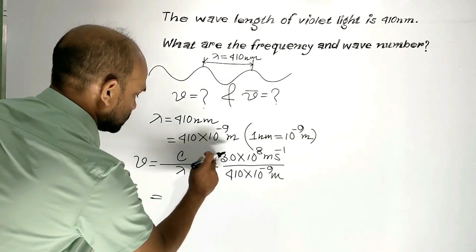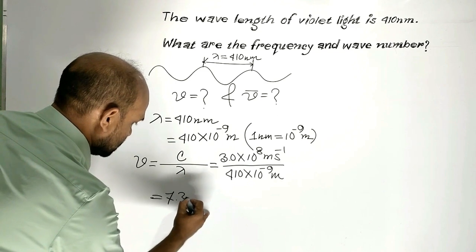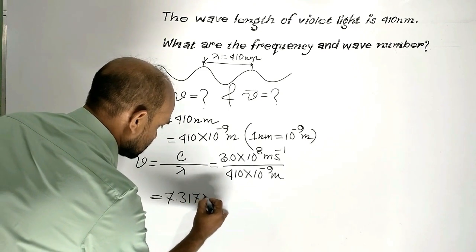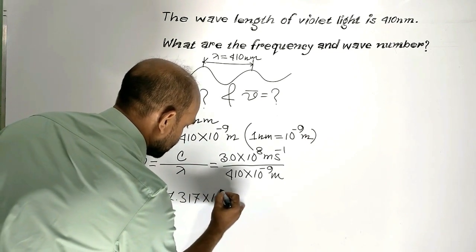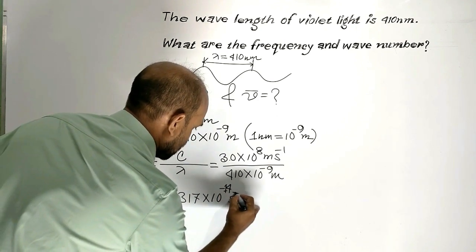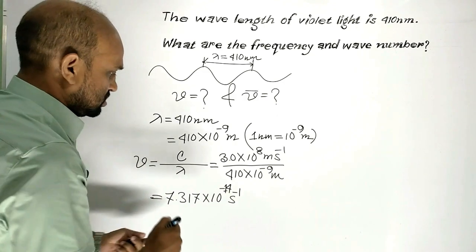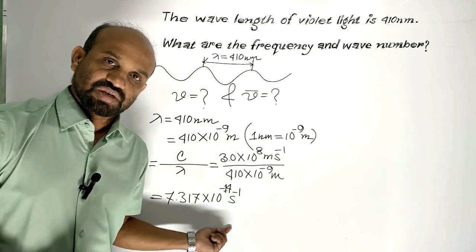This is equal to 7.317 times 10 to the power minus 14 per second. Frequency. We got frequency of the radiation.